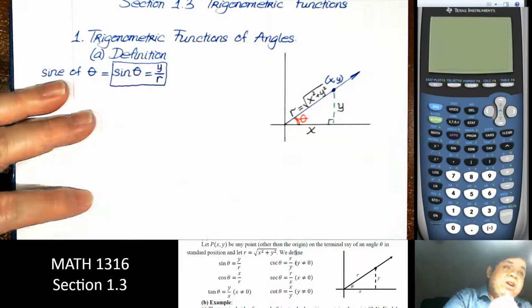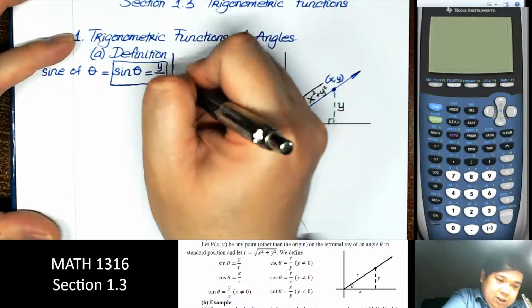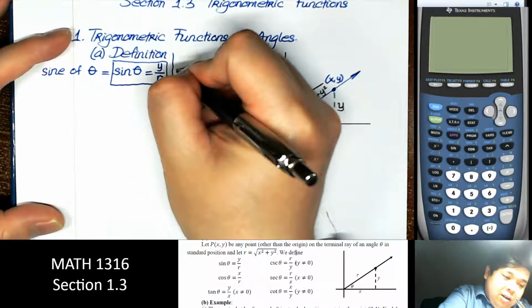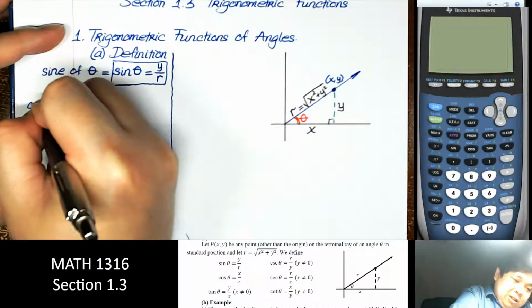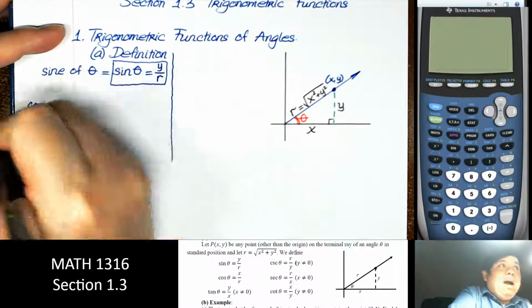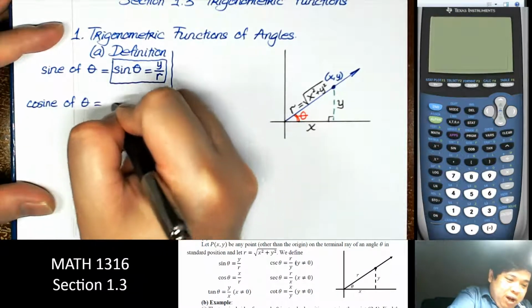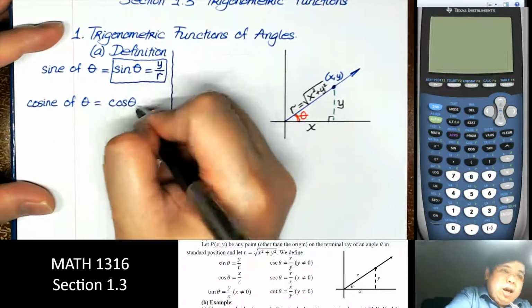Again, this is just definition, right? And next, cosine. It's the first time I have to spell out what we have, but later on we just say cosine, abbreviated by cos.